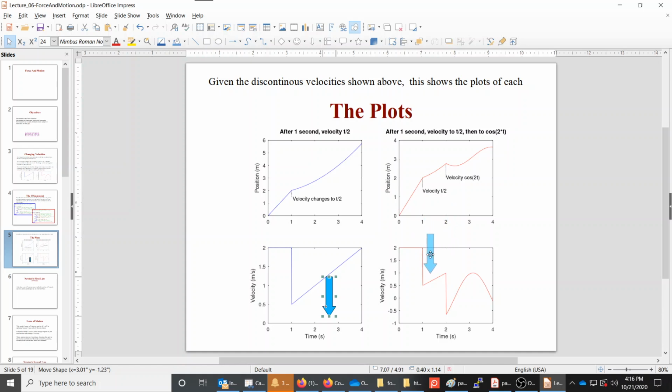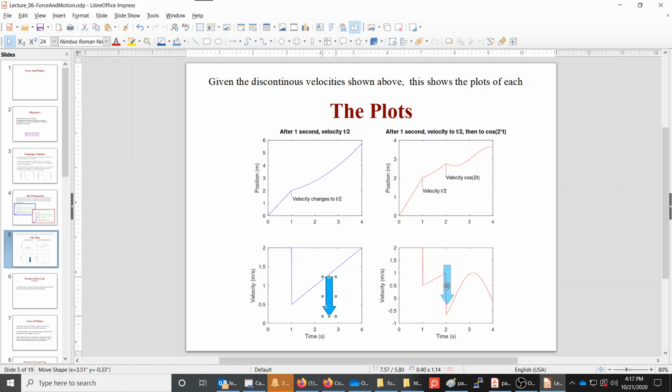And then likewise with the second example, we had the same thing where the velocity was constant, so our position was increasing linearly for the first second. And then at that change, we get that parabolic t divided by 2 for velocity. And so we get this parabolic curve, but we only get that for 1 more second.